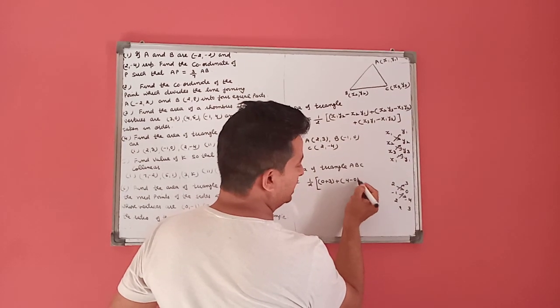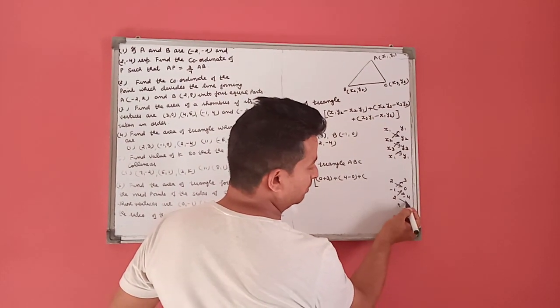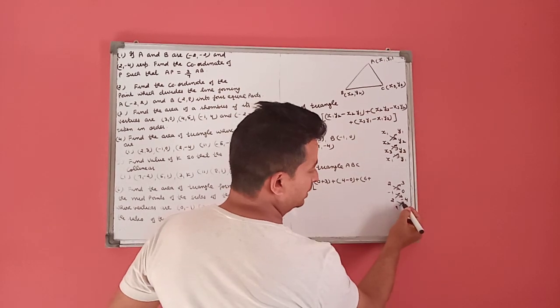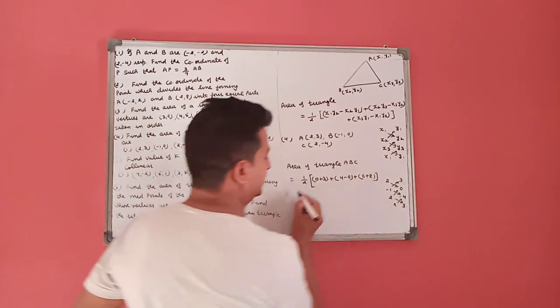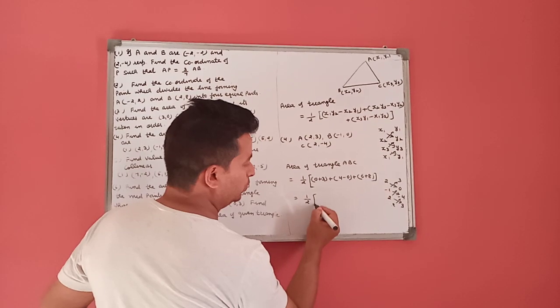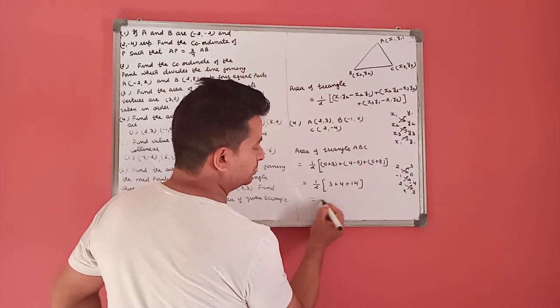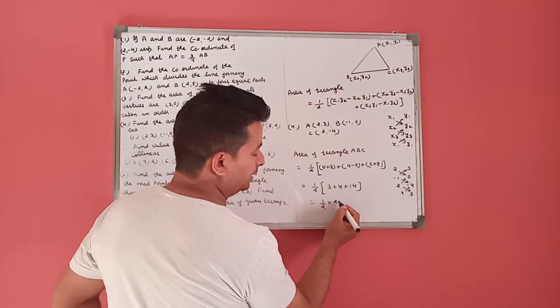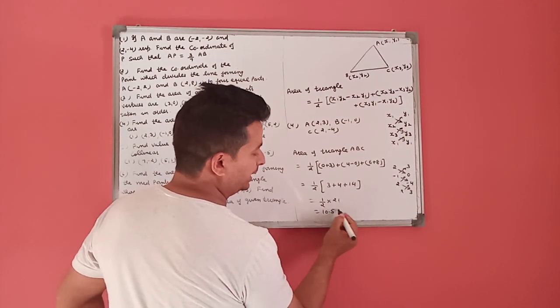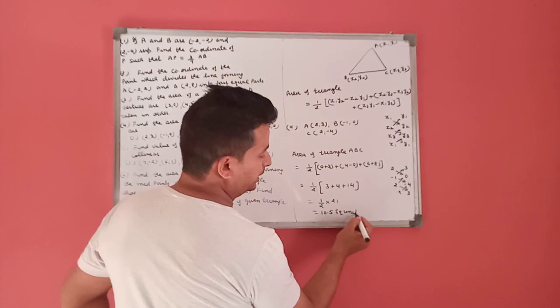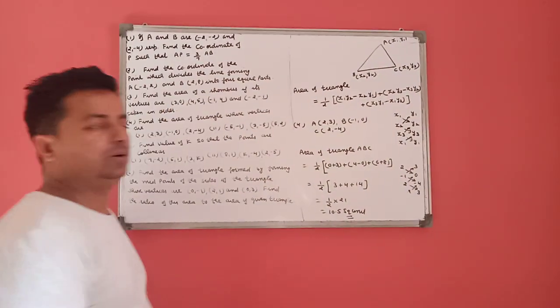Multiply this, we get plus 8. That is 1/2 of 3 plus 4 plus 14. This means 21/2, that is 10.5 square units is the area of the triangle.